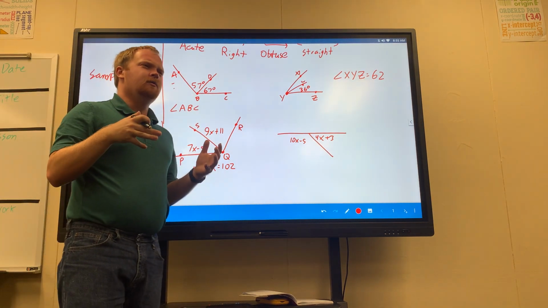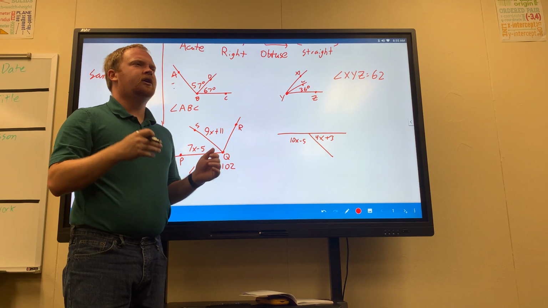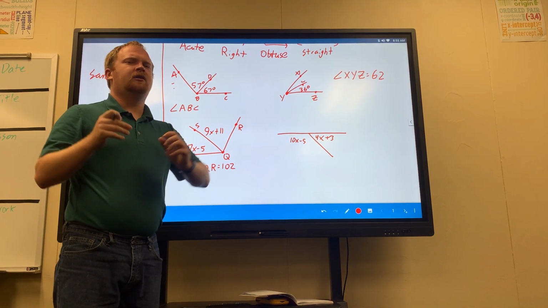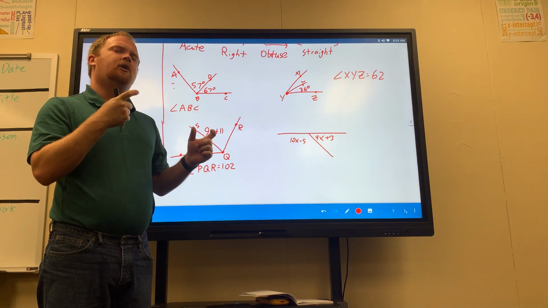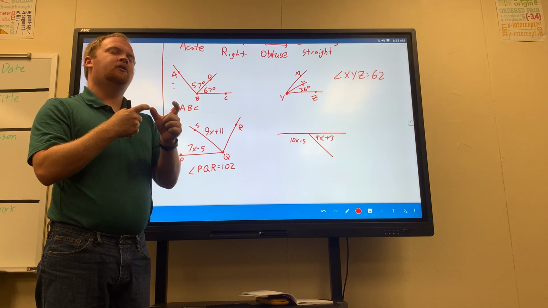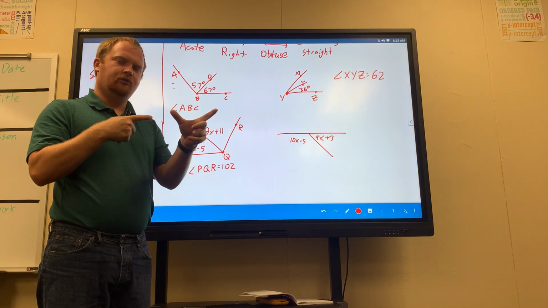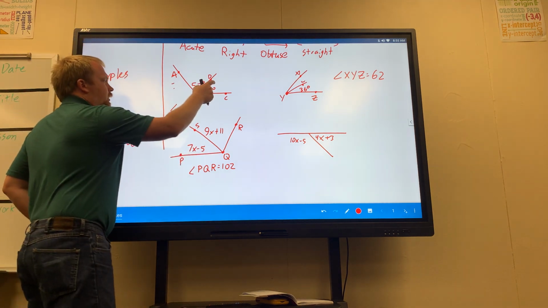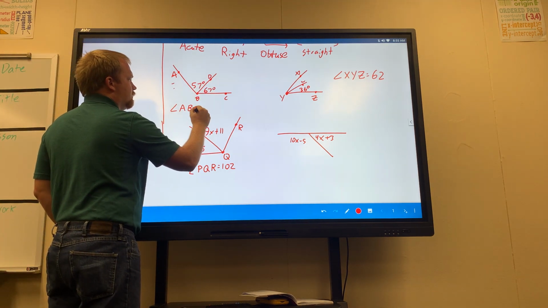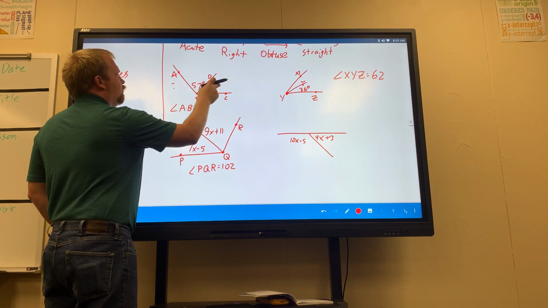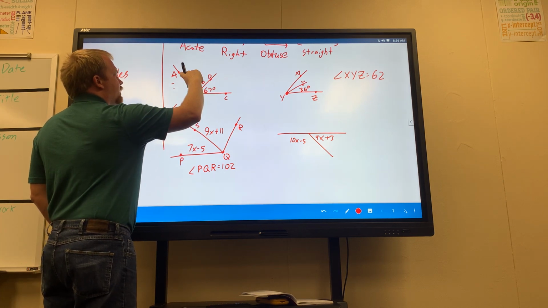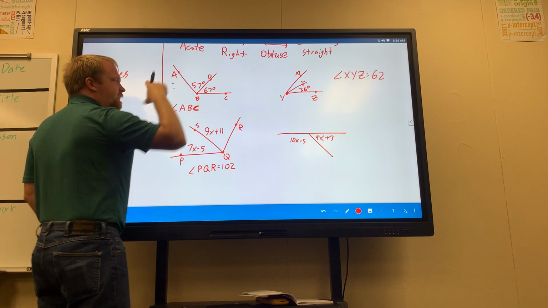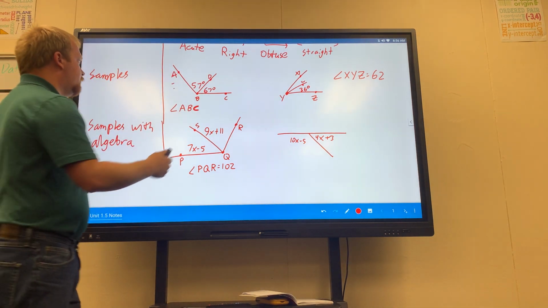If you remember the segment addition postulate, if you add one part of the distance to another part of the distance, you get the whole distance. So if I have one part of the angle and the second part of the angle, I get the whole angle if I add them together.